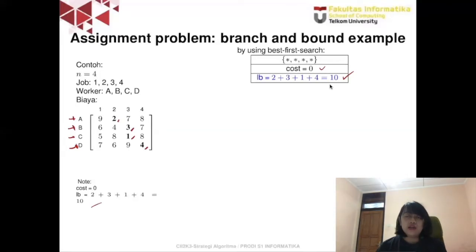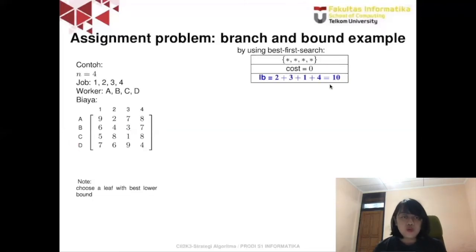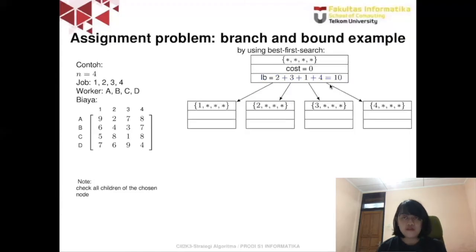Okay, and for best first search here, we choose a leaf with the best lower bound, which is itself, because we only have one node here, so we only have one leaf in the tree up until now, so we choose the only node we have there.